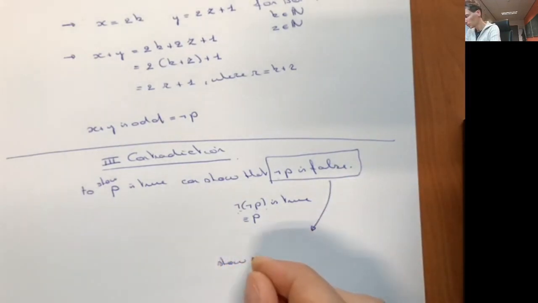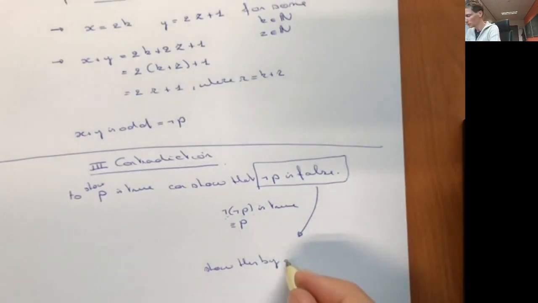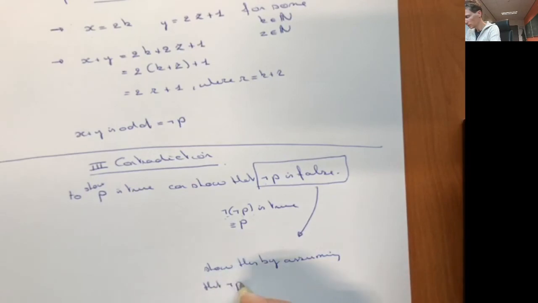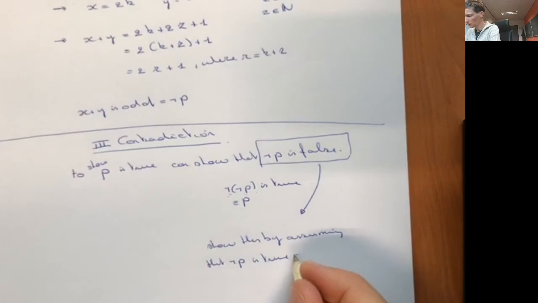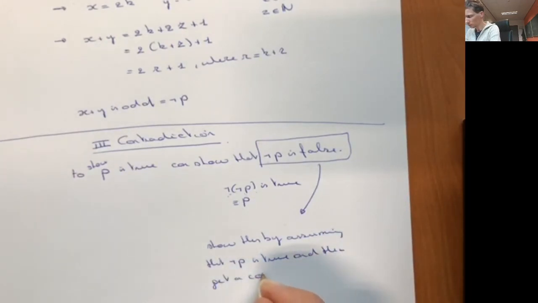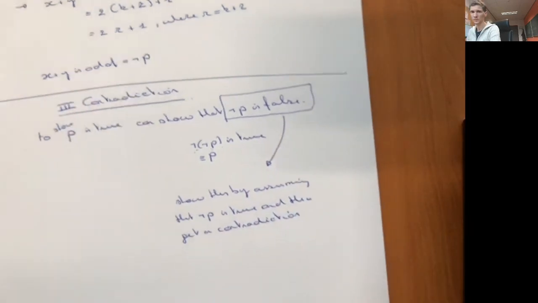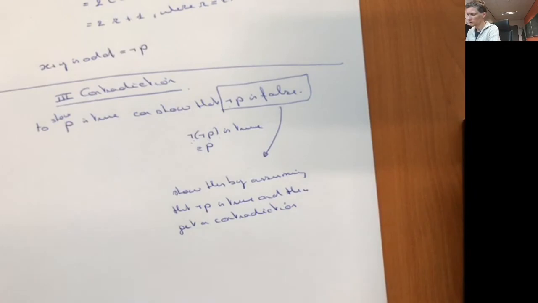Well, you show this by assuming that negative P is true and then getting a contradiction. So what's a contradiction? A contradiction is the following.